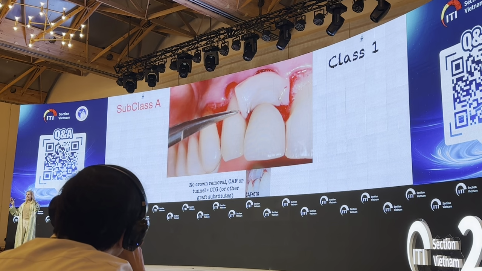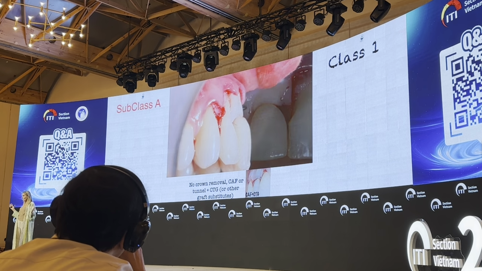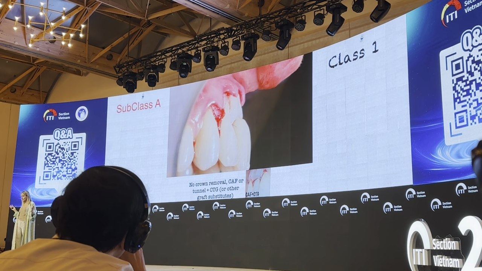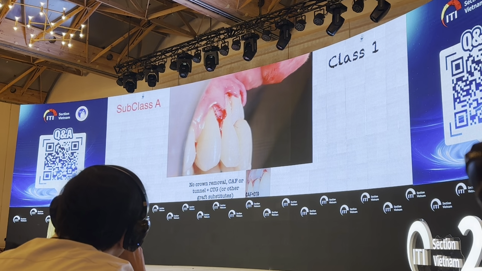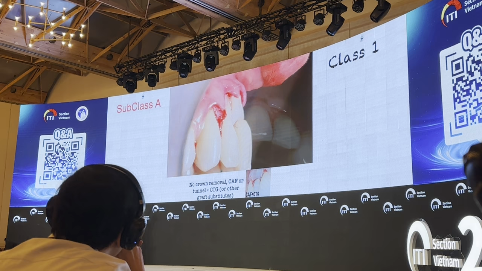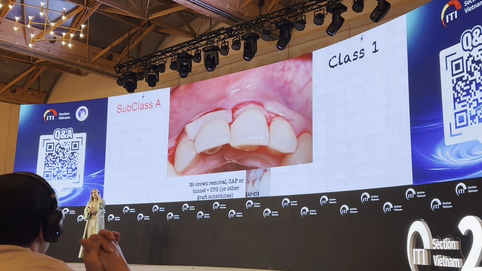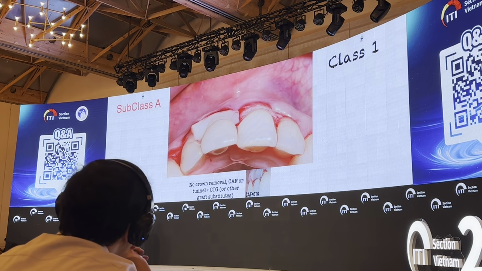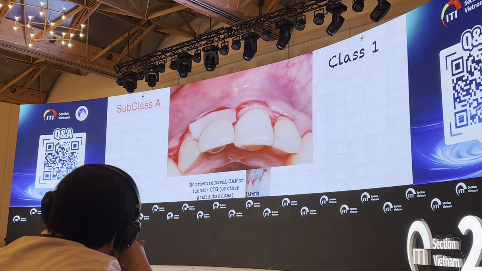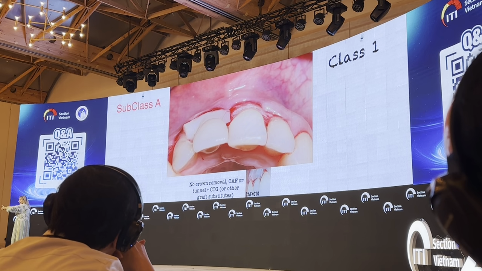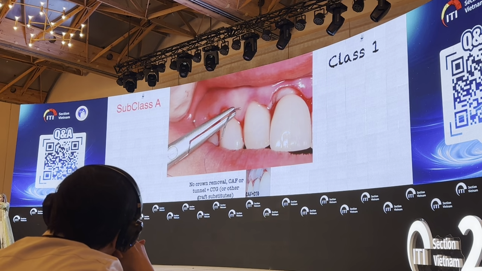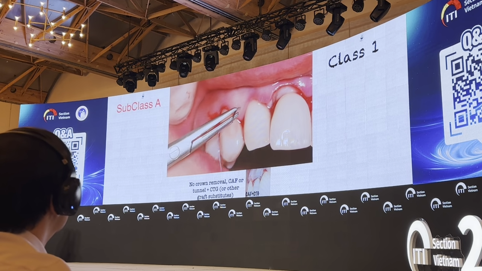So if I extend the measured distal dimension of my graft, I can increase the soft tissue thickness also at this level. And you see now the profile of the implant supported restoration, how it looks with the connective tissue graft, which is extended in an apical dimension above the buccal bone.